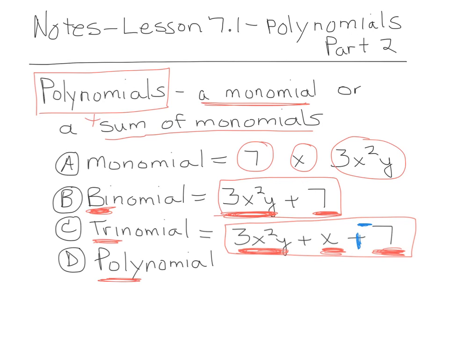Let's keep going. Okay, another thing about polynomials, so we'll call this E, is that you have to write them in a certain order. And the order that you write them, you have to make the exponents of the variables go in decreasing order.